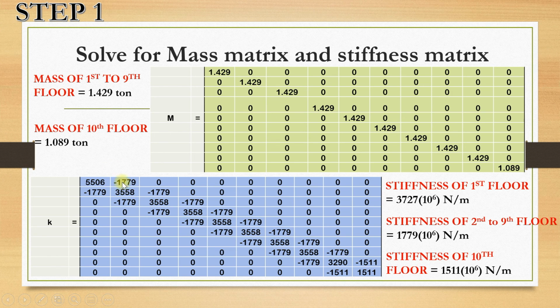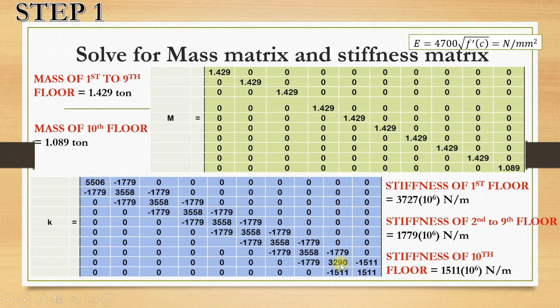Dito naman sa second column, second row, ang i-add naman natin dito ay yung K2 plus K3, or yung stiffness ng second floor at saka third floor. So since ang second to 9th floor ay equal lang, from dito sa second row ng second column ay pareho lang din yan sila. I-times 2 na lang natin kasi equal naman din sila hanggang sa dito sa 8th row of 8th column.